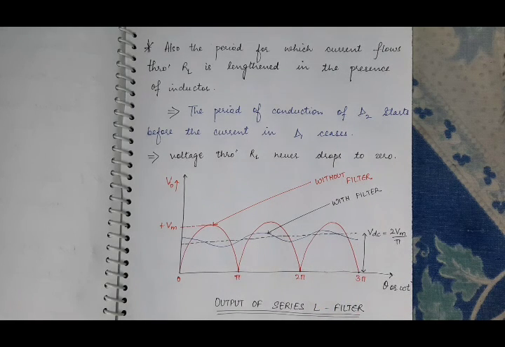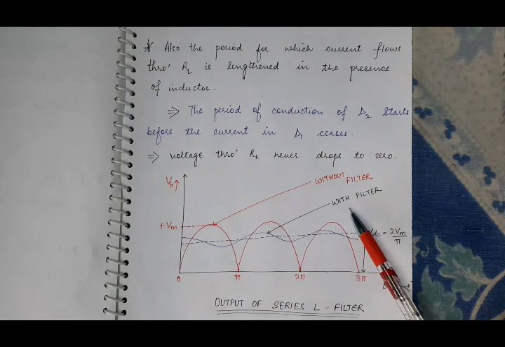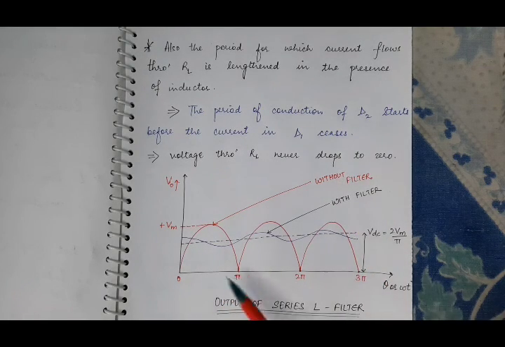Here you can see that the peaks with filter and without filter don't coincide with each other. It is because, with the presence of the inductor, the voltage lags behind the voltage without the inductor filter.